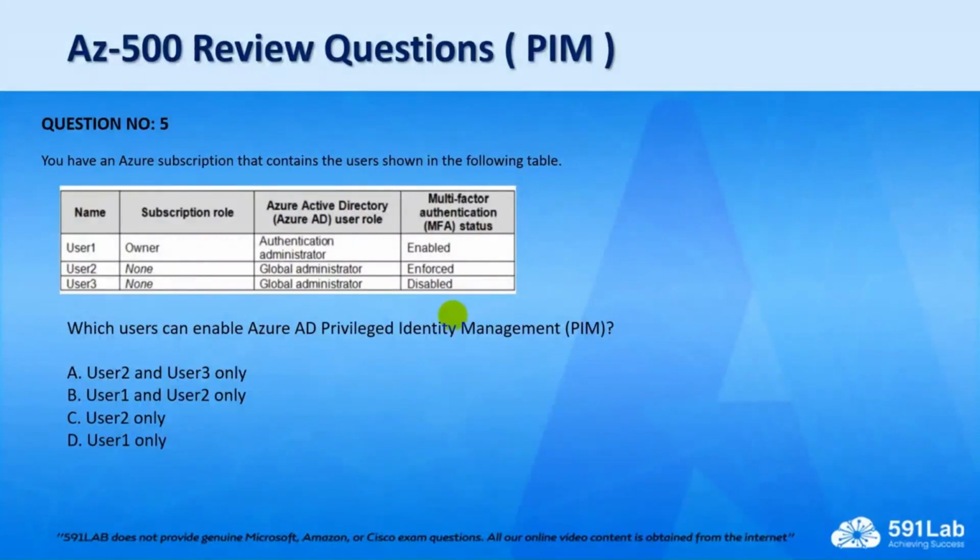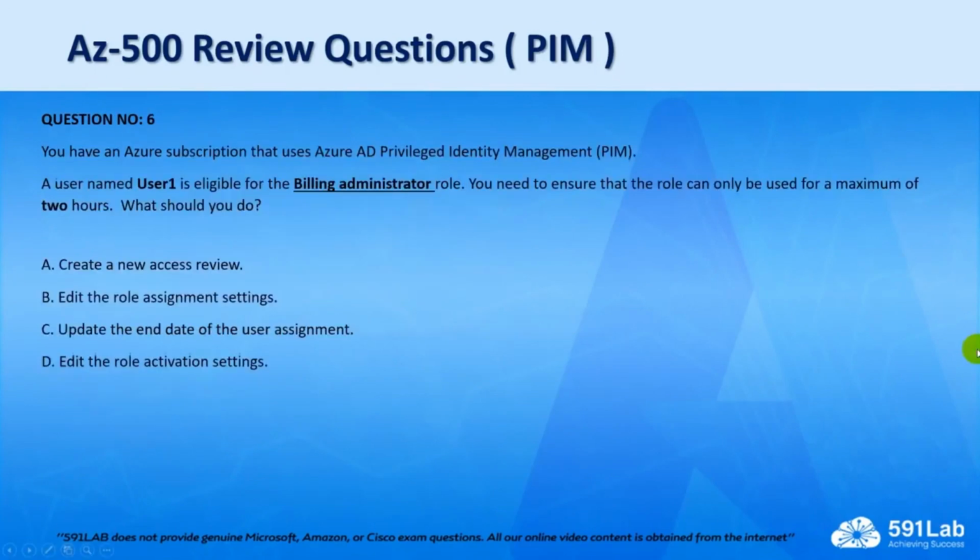So it doesn't matter whether multi-factor authentication is enabled, enforced or disabled for them. If they are assigned the global administrator role, they will be able to enable Azure AD PIM. So the answer should be user 2 and 3 only. Okay, I hope my explanation helps you to understand the question and answers. Let's move to the next question.